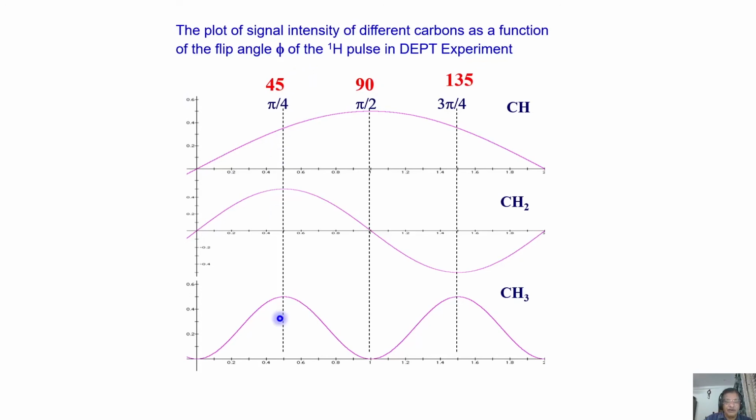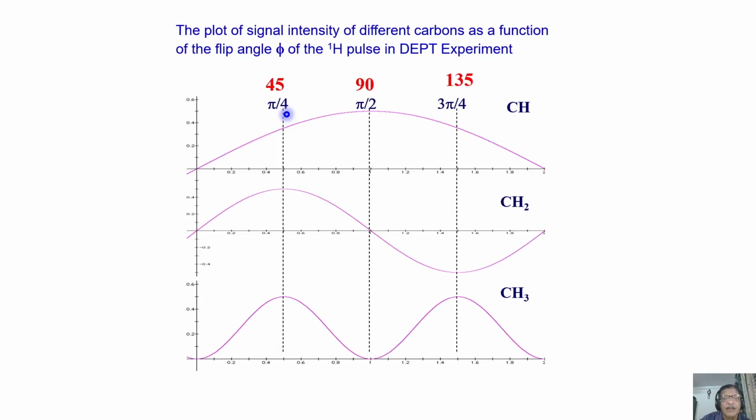So now you see, at 45 degrees, CH3 carbon, CH2 carbon and CH carbon, all of them have positive intensity. So if I do an experiment and take the spectrum with phi of 45 degrees, I will see all the carbons, CH3, CH2, CH carbons, all with positive intensity.